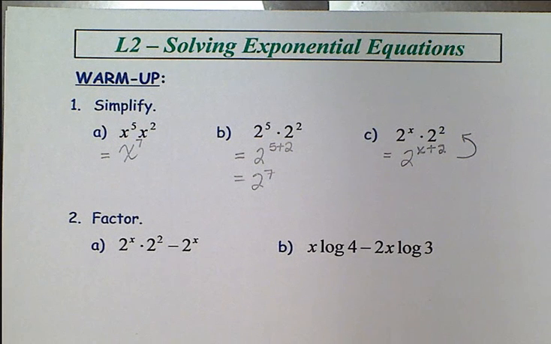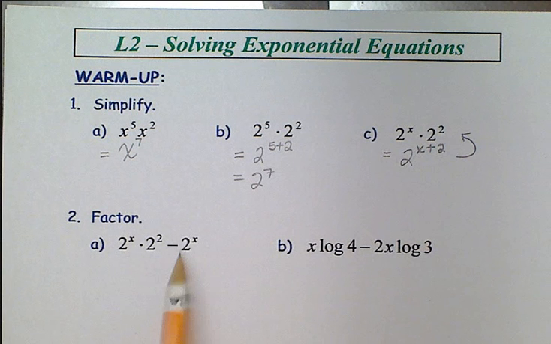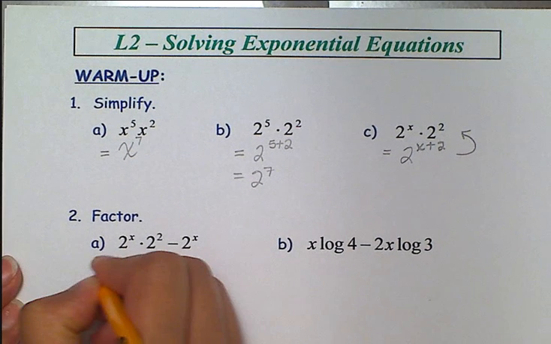Okay, example 2 looks at factoring. So we have 2 to the exponent x multiplied with 2 to the exponent 2 minus 2 to the exponent x. Now because we're asked to factor, I'm not actually going to combine the bases here in the first term. What I'm going to look for is a common factor between the first term and the second term. What I notice is that they both have a common factor of 2 to the exponent x.